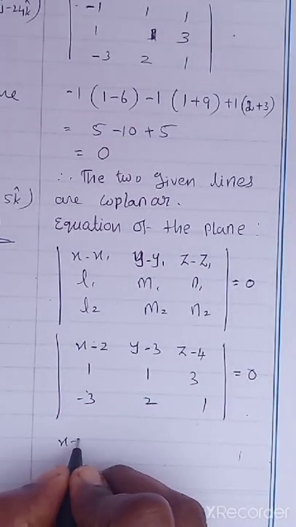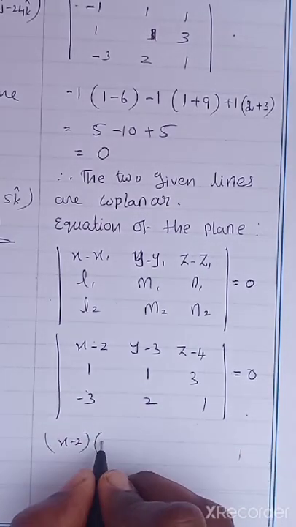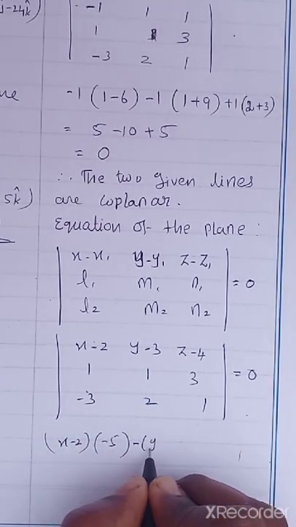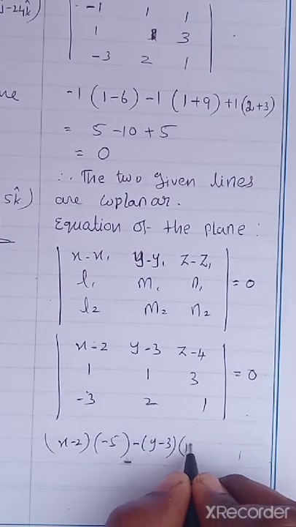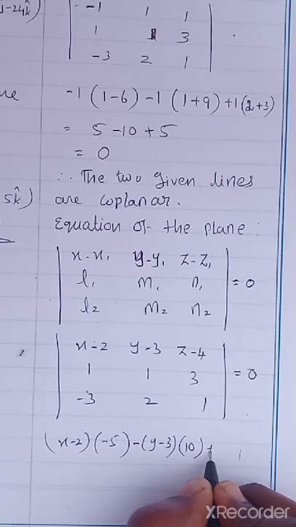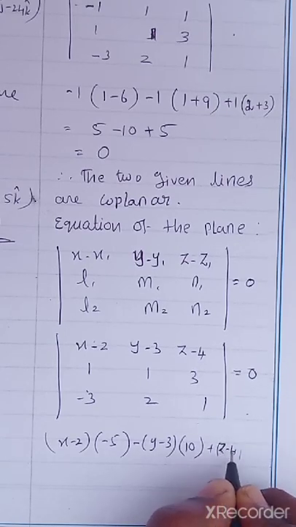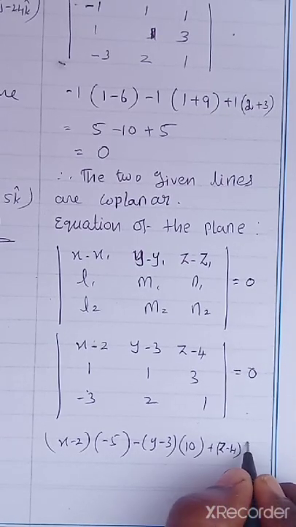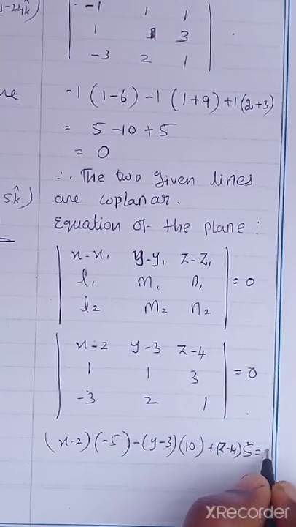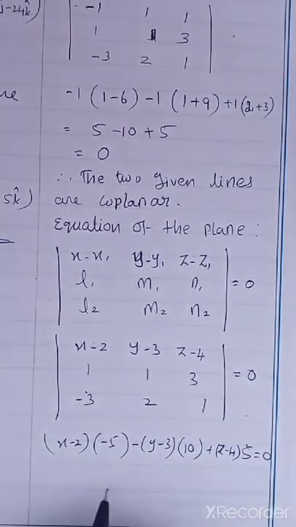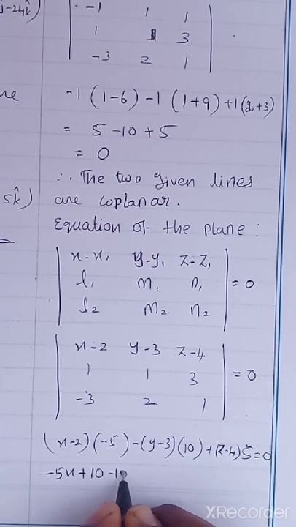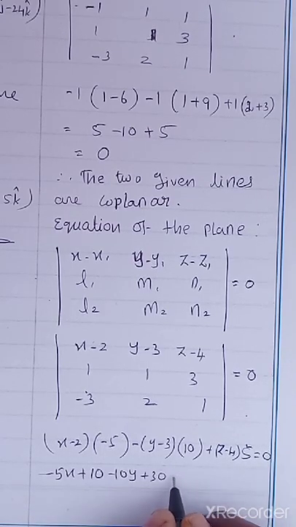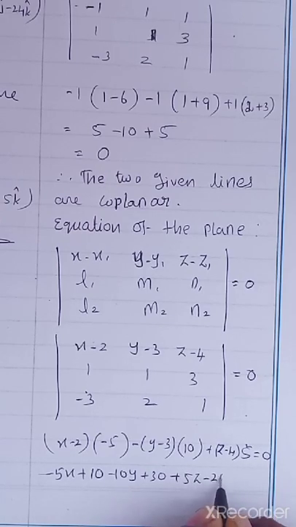So if we take this one, (x minus 2) of minus 5, minus (y minus 3) of 10, next (z minus 4) of 5, which is equal to 0. Again we have to simplify this, right? So minus 5x plus 10 minus 10y plus 30 plus 5z minus 20 equal to 0.